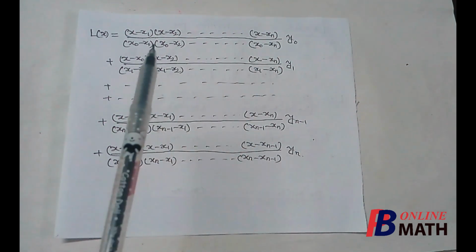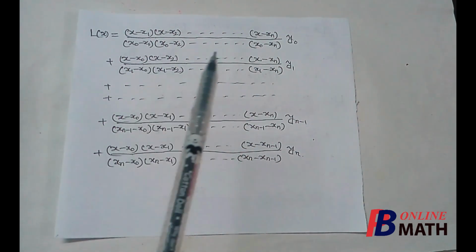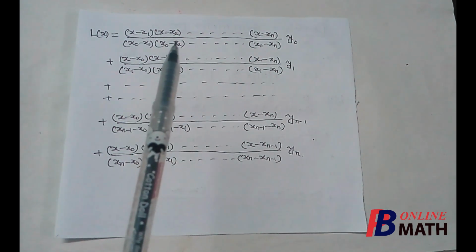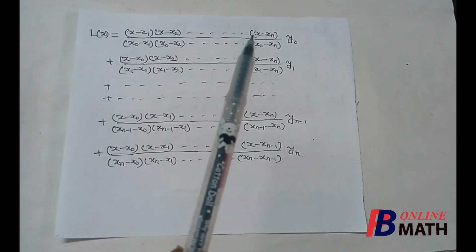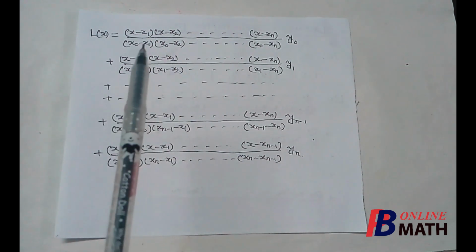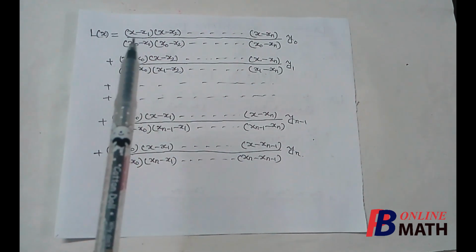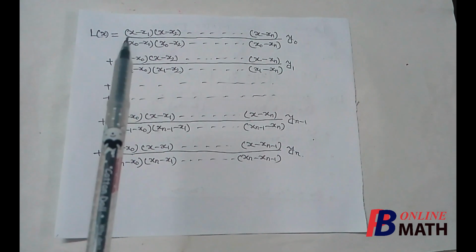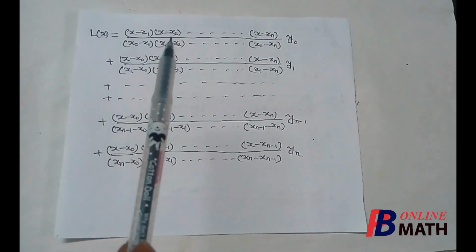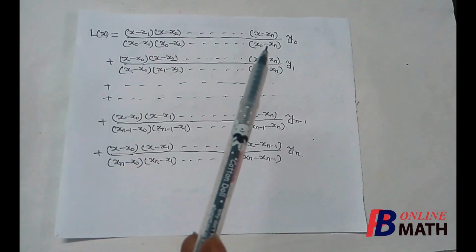So this is the numerator. Now in the denominator, if we replace x equal to x0 in the numerator, then that becomes the denominator. Now look, if we replace x equal to x0 in the numerator, then it becomes x0 minus x1, x0 minus x2 up to x0 minus xn.